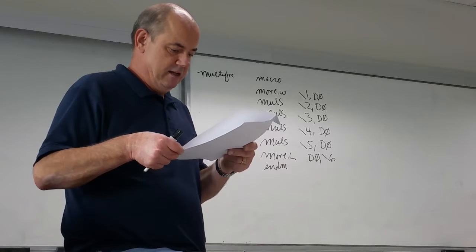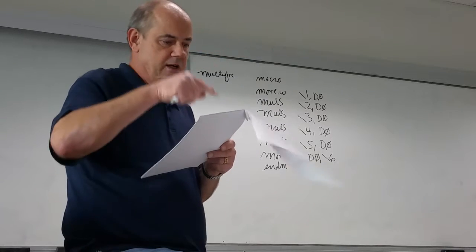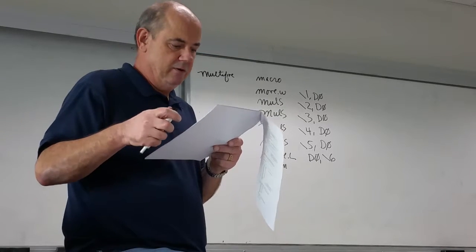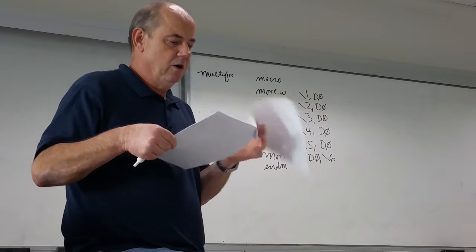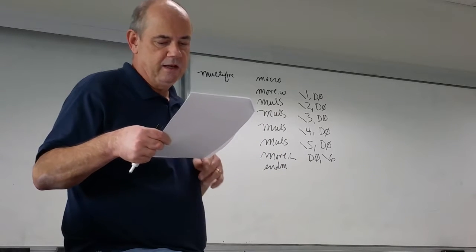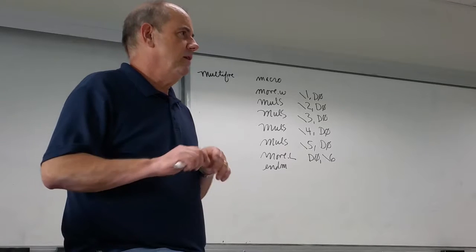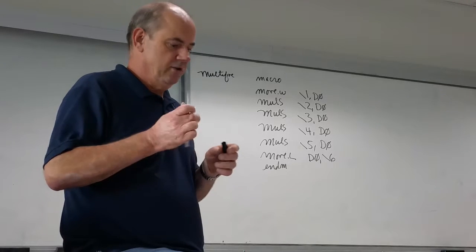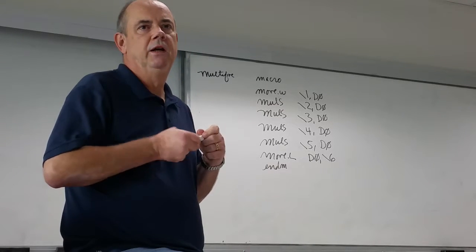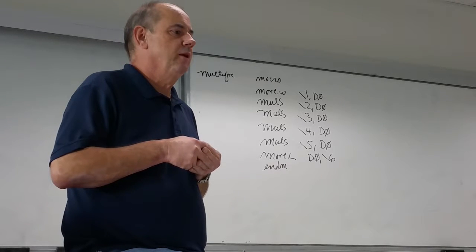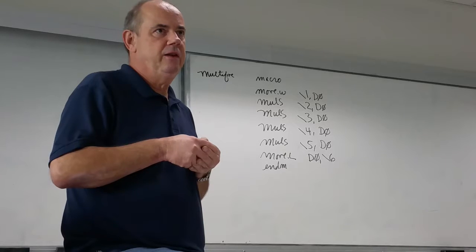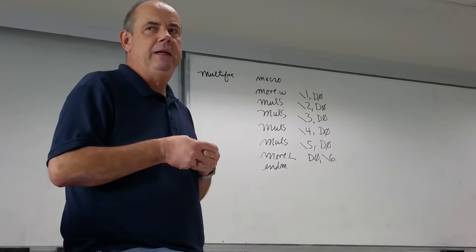Now he has 1, 2, 3, 4, 5 macros that he has written, and then more are called. So there may be as many as 15 macro invocations in this program. So, okay, we'll just deal with this one right here. What do we need to do?